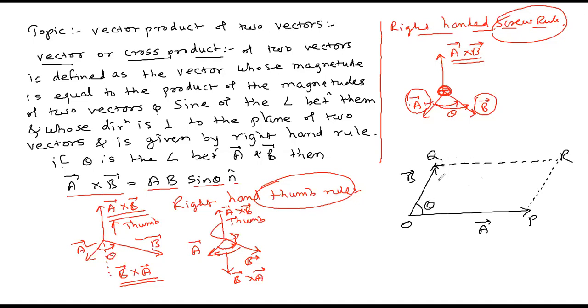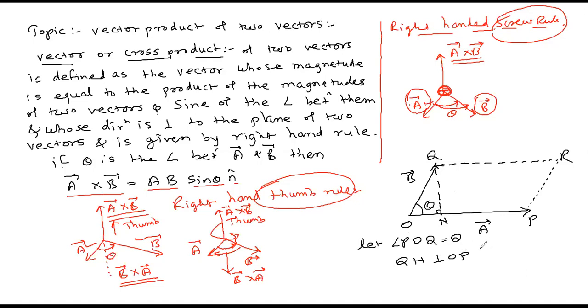Draw a perpendicular to vector A at this point. Suppose this point is N. Let angle POQ be equal to theta. Draw QN perpendicular to OP.